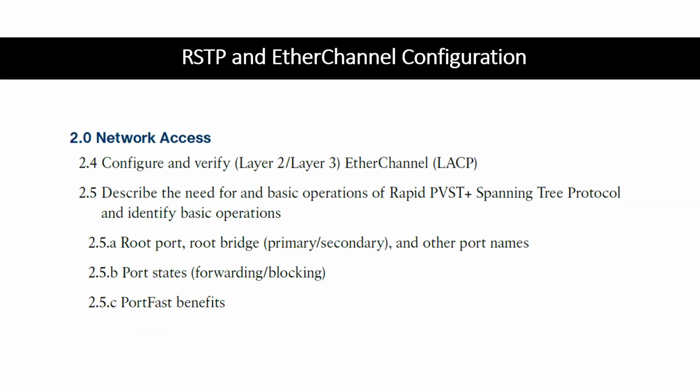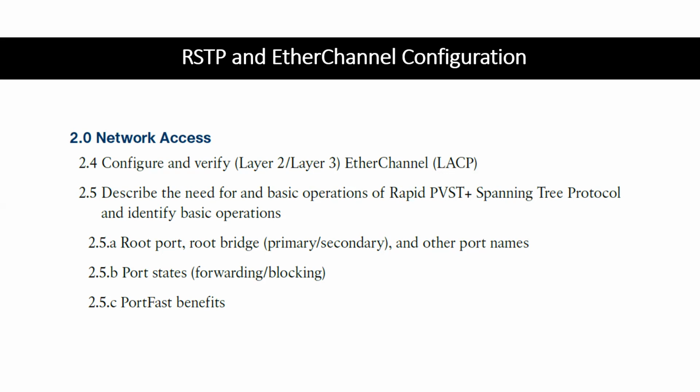With this new chapter, there's a couple of objectives from the CCNA objective list that we need to cover for the exam. We need to have a great understanding of 2.0, which is network access, and we have some child objectives under network access.